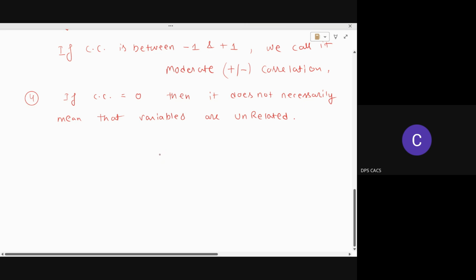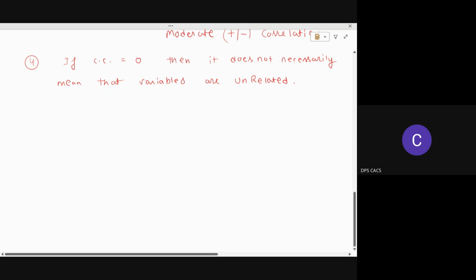Means they can be related as well. It depends on case to case. Clear now? R equal to 0. Any doubts? Okay. R equal to 0 is correlation is 0. But variables can be related, can be unrelated. Point number 5.